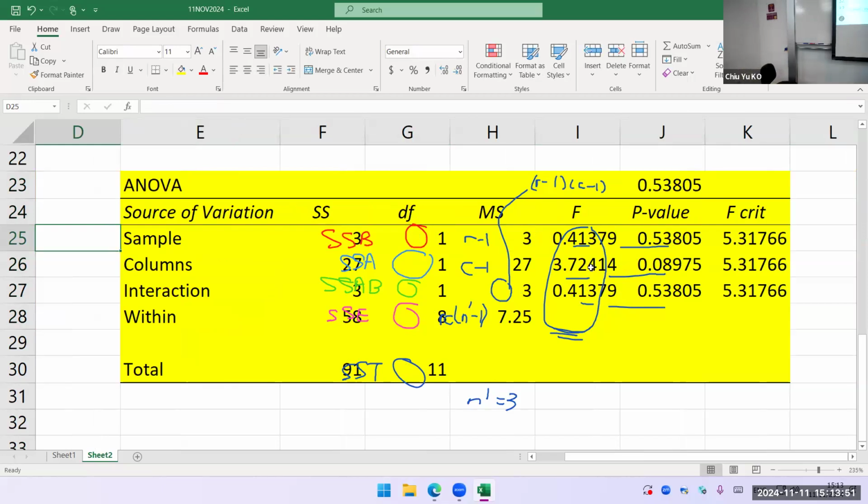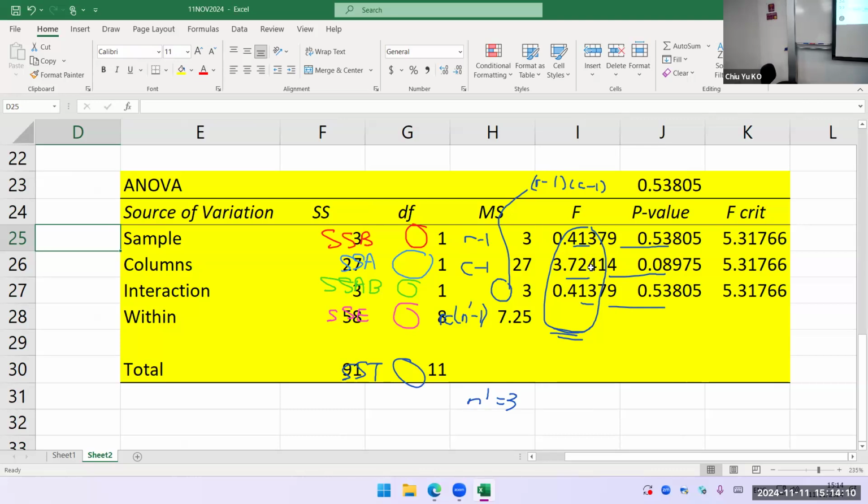And you can see from this exercise, first hypothesis: does grouping A make a difference? No. If you use 5%, no. Use 10%, yes, but 5% is no, because the p-value is bigger than 5%.